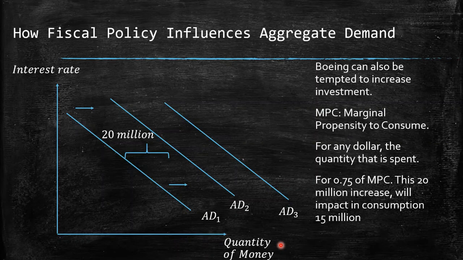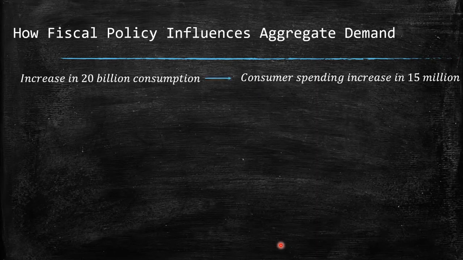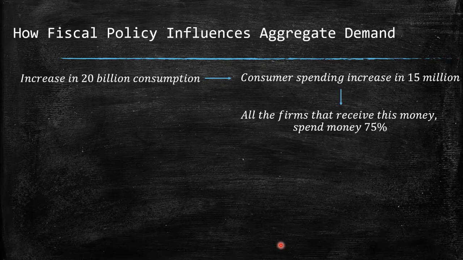It means that for a 20 million increase, Boeing will impact consumption by 15 million. And all the firms that receive this money, imagine they have exactly the same marginal propensity to consume, so they will spend this 75% again, and it will continue so on and so forth.